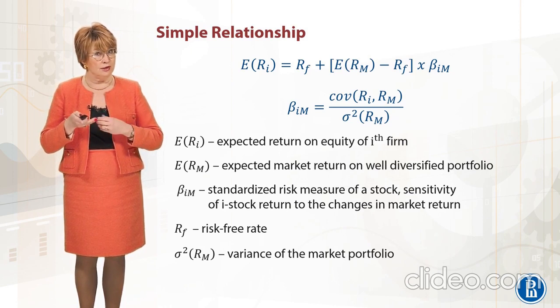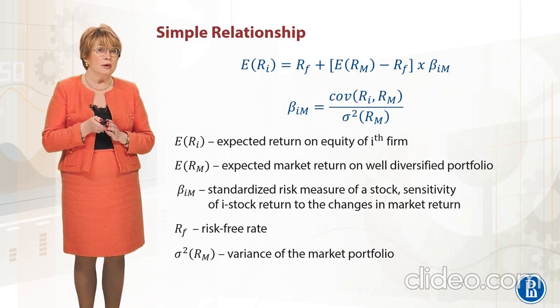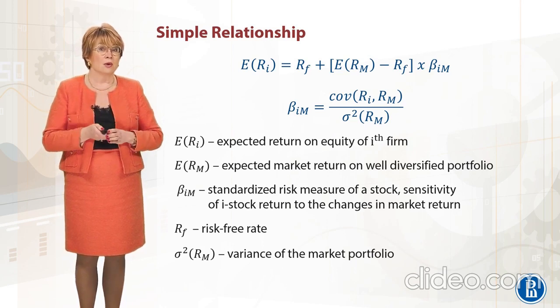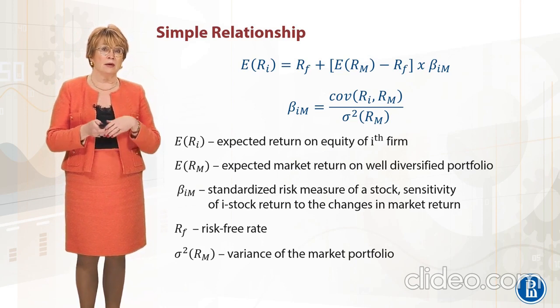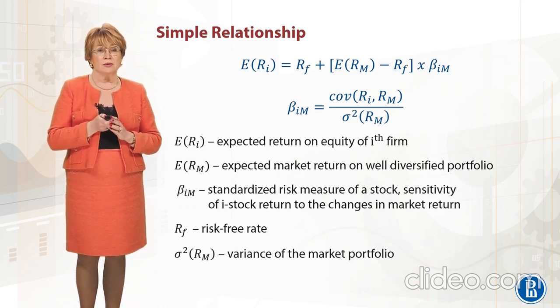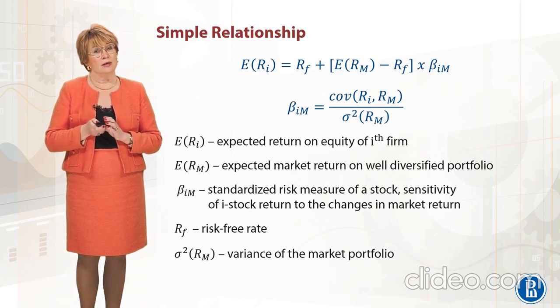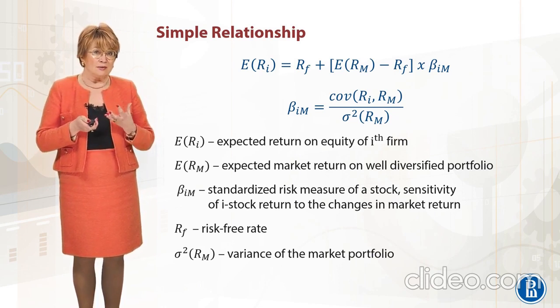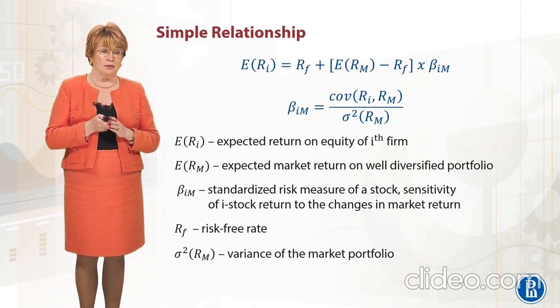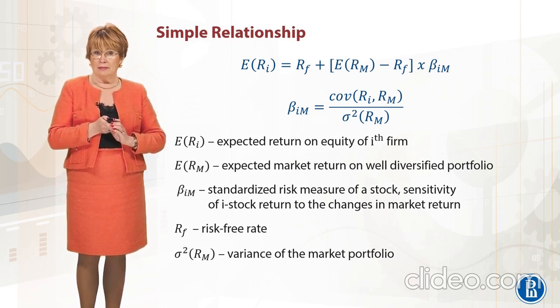If we assume it's really well-diversified, then it means that the portfolio contains only systematic risk, and all unique risks are diversified away. So the sensitivity to the changes in the return on that well-diversified portfolio means the sensitivity to the systematic risk which exists in that economy, in that capital market.